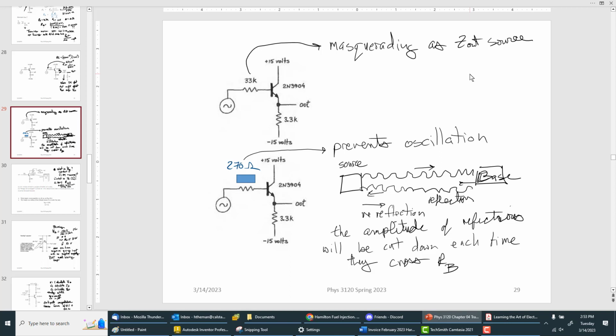And what happens is when you send a signal down a line, and even if it was DC, it would be the leading square edge, they have a tendency to reflect off connectors. So it leaves the function generator, it comes to the base of the transistor, which we know has a really high input impedance. And if it has a high input impedance, you have more of a chance of a reflection.